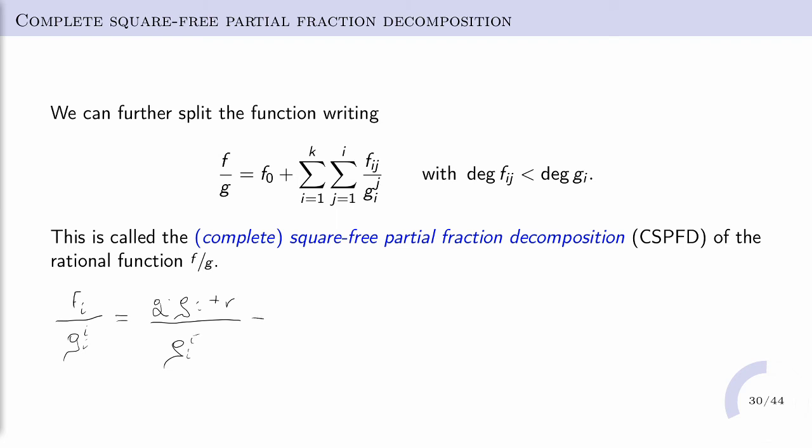Now we can decompose this fraction into a sum of two fractions, cancelling the gi. So what we have is r over gi to the ith power plus q, where the gi cancels, over gi to the power i minus 1. And now for this one, we repeat the process.